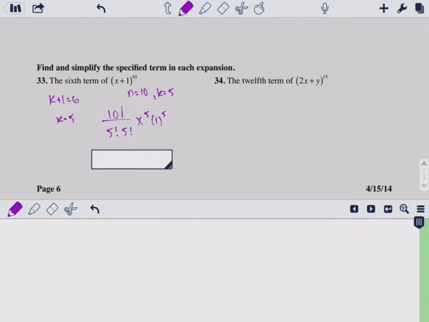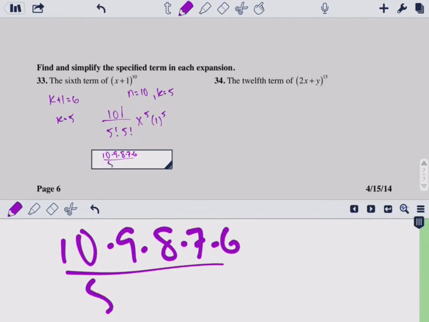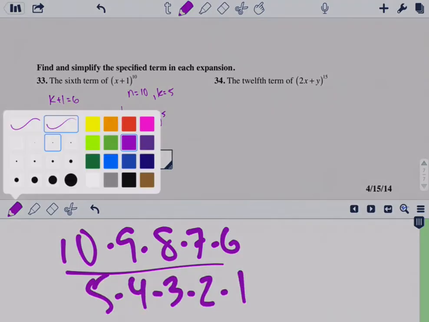Okay, and so 10 factorial, so 10 times 9 times 8 times 7 times 6 over 5 times 4 times 3 times 2 times 1. Stuff cancels, right?